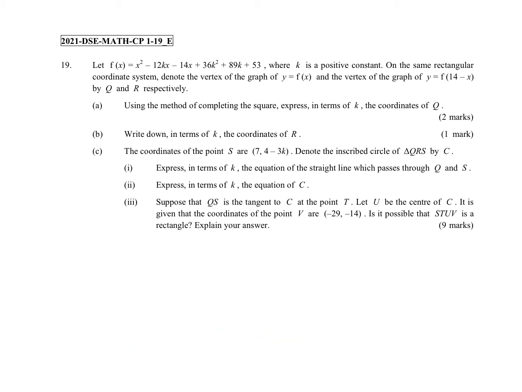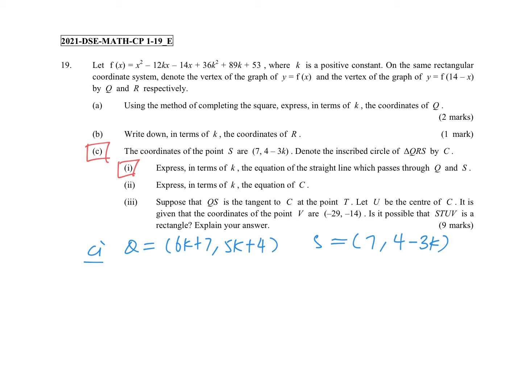And then we come to part C, in particular C1. So we have S and then we have Q. From part A, Q is (6k plus 7, 5k plus 4), and S would be (7, 4 minus 3k).